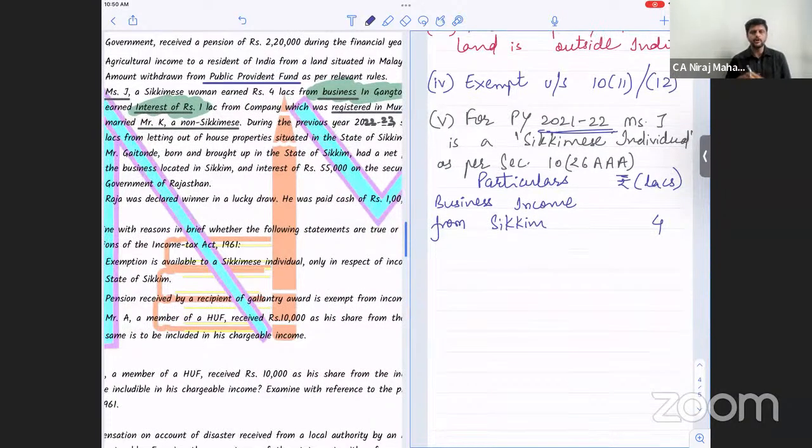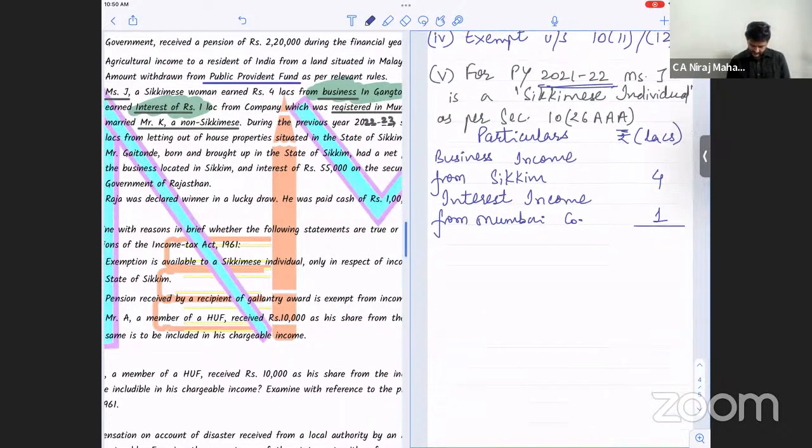Then she has interest income from Mumbai, which is 1 lakh. Any other income she has? No. Total 5 lakhs.